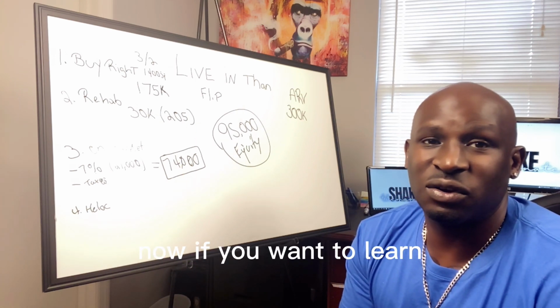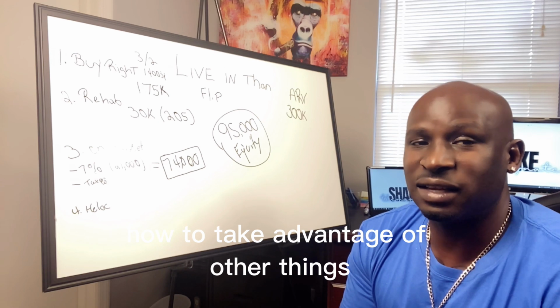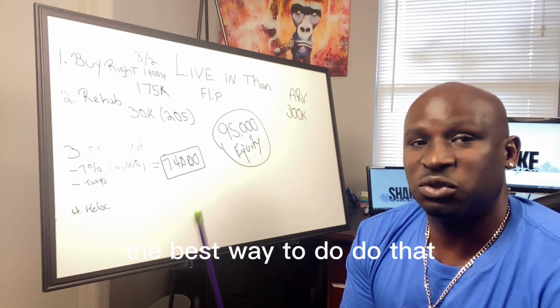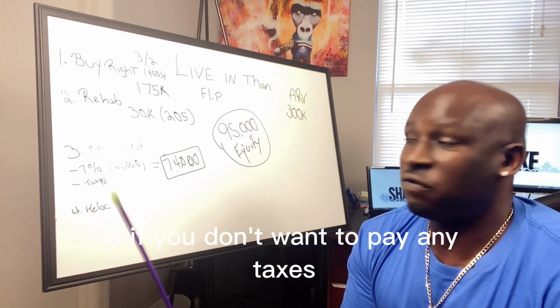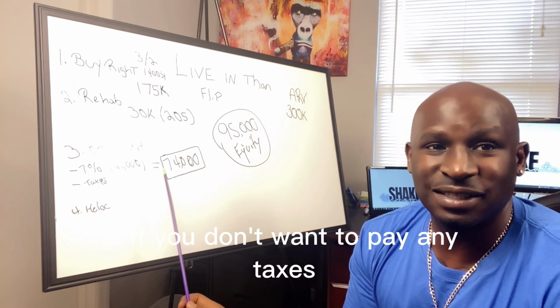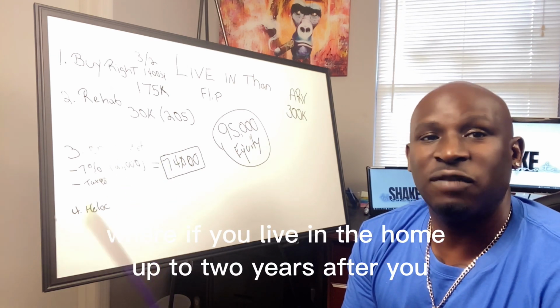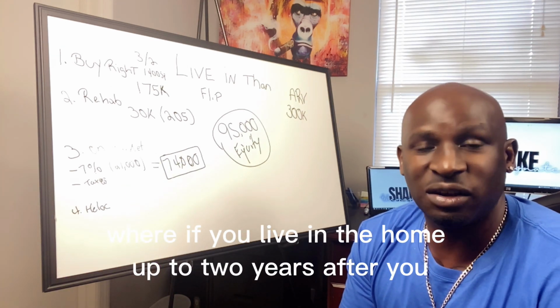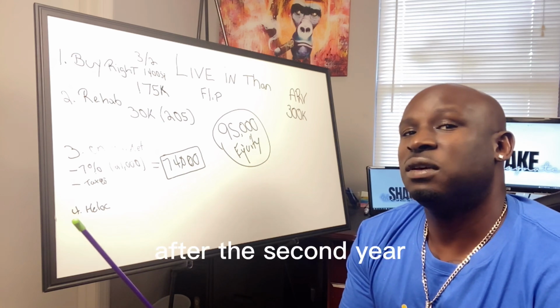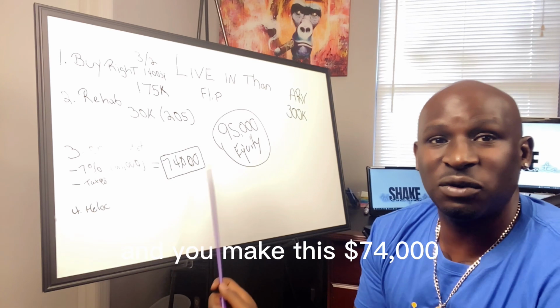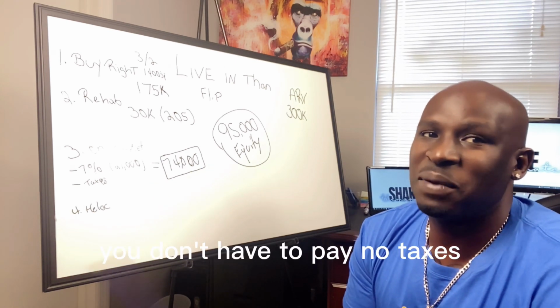Now, if you want to learn how to take advantage of other things like live in then flip, the best way to do that, if you don't want to pay any taxes, is the 1997 Tax Advantage Act, where if you live in the home up to 2 years, after the second year, when you sell this property and you make this $74,000, you don't have to pay no taxes.